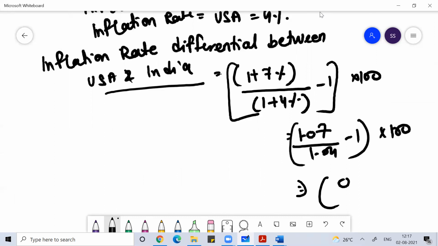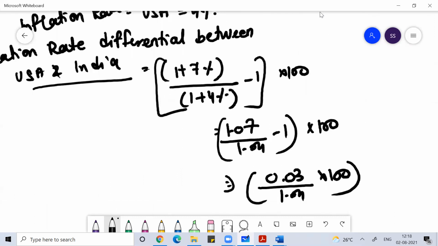This is 0.03 by 1.04 into 100. So this is 300 by 104. So 2 point something, I guess.